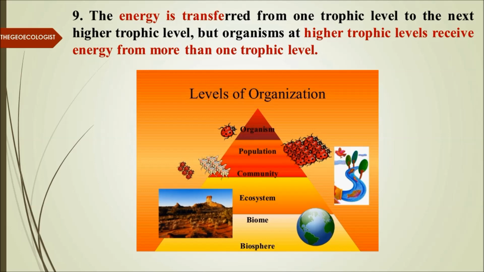The organisms at a higher trophic level, if you look at the image, receive energy from more than one trophic level, because they get energy right from the beginning, accumulating, and then what happens? They tend to receive energy from all different sources because they are highly linked. So higher trophic levels will have more energy, okay? So that is the basic relationship, right?